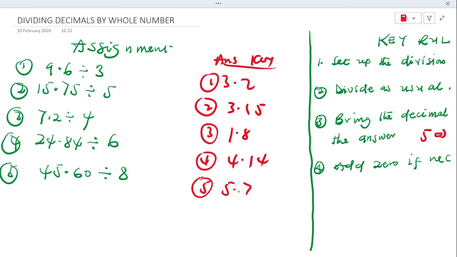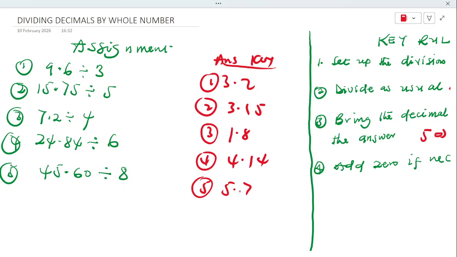You need to avoid that. And then sometimes people stop too early without adding the 0 to continue solving the decimal division. You have to avoid that as well.